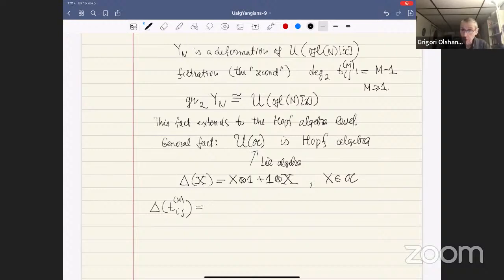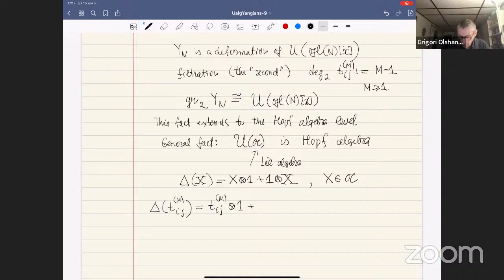We have to write our initial definition in terms of the generating series and then extract the coefficients on the left and on the right. And if you do this, you get the following.